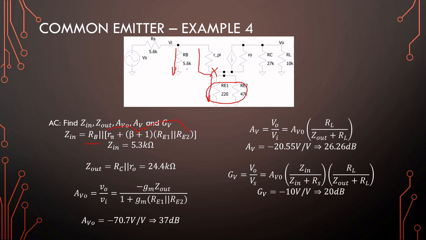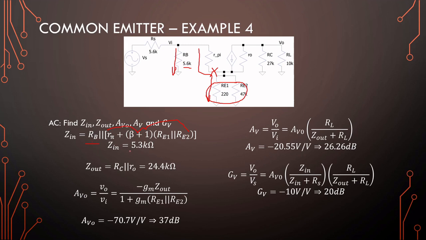Okay, having one resistor in this dual rail configuration makes it very easy for us to select the input impedance. I used the 5.6K base resistor in this problem, right? And this R pi plus beta plus 1 times RE1 parallel to RE2 is an extremely large value.